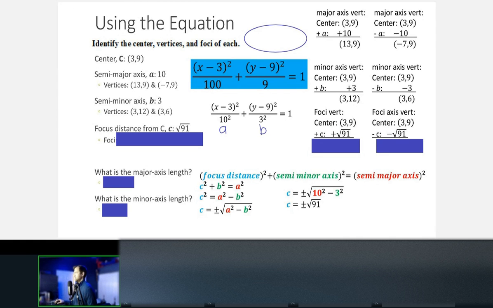Okay, so this first one on the left, what is that coordinate going to be? All right, Brady says 3 plus radical 91 comma 9. So is Isaiah.